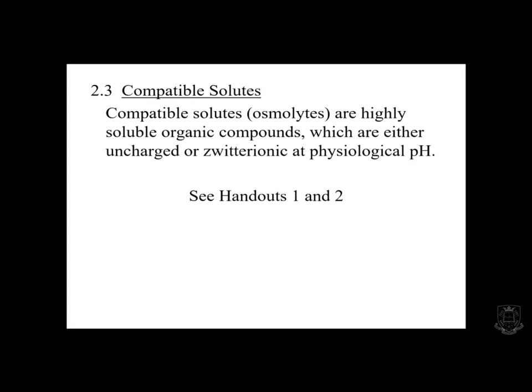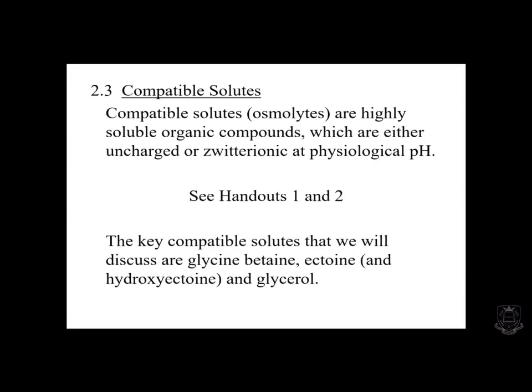So for that first bit of handout 1, the key bits are glycerol, glycine betaine, and ectoine, and to note really that glucosylglycerol is found within the cyanobacteria. So I think that's all I've written on the slide. The key compatible solutes then are these 3.5, if you like, because ectoine and hydroxyectoine only differ by that one hydroxyl group on the top right-hand corner of the molecule.